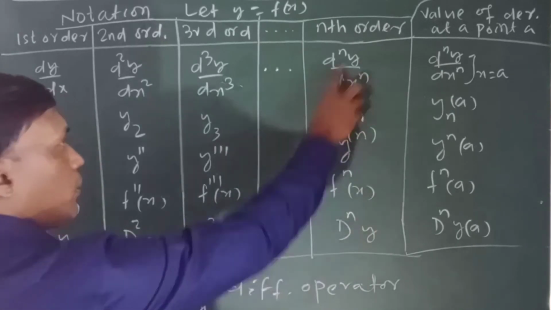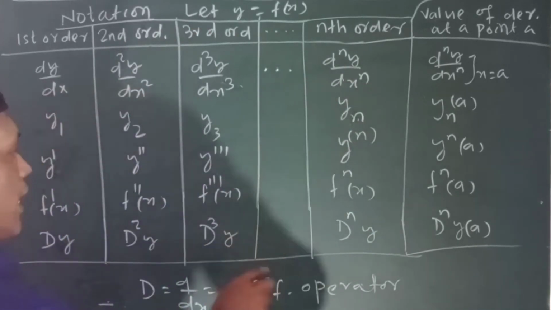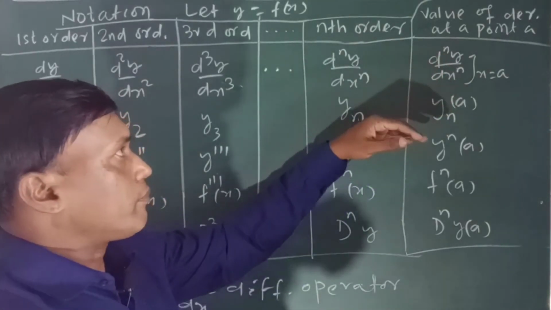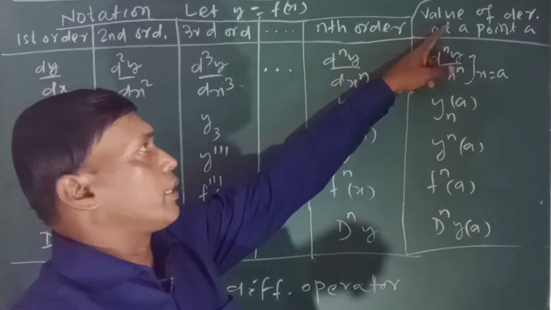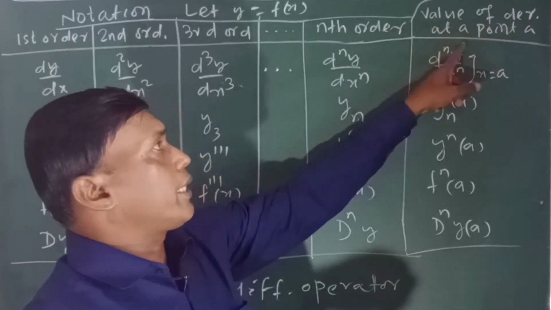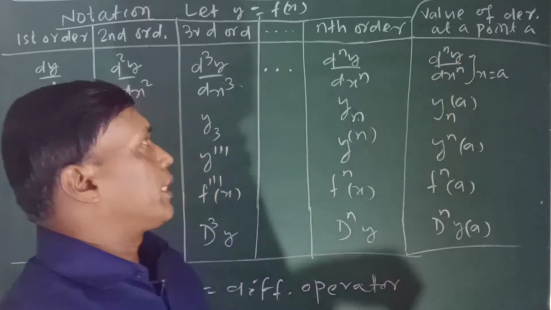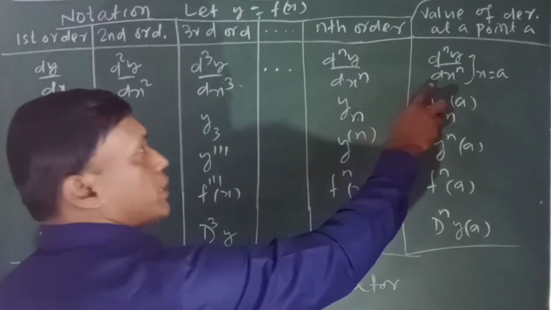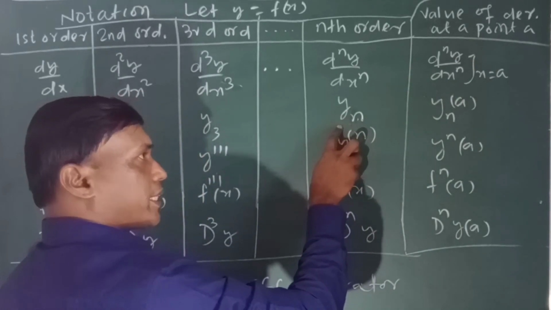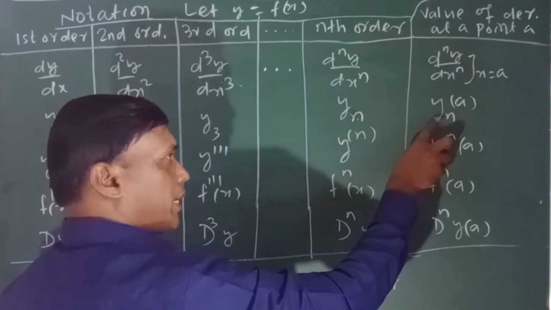So all these are the derivatives at x. But if we want to find the value of the derivative of a function at a particular point a, then put x is equal to a. So this is the nth derivative at x is equal to a. y_n means this is the derivative at x, and y_n(a) means the derivative at a.